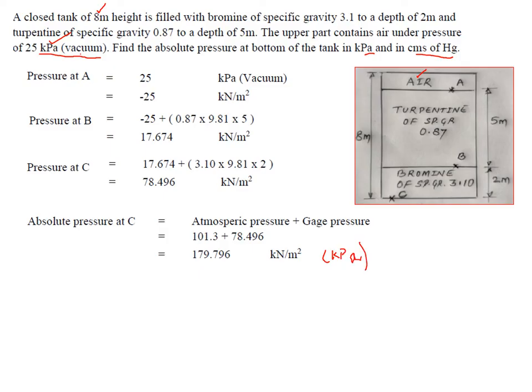Now in order to convert into centimeters of mercury, you know that P is equal to omega into H. Here H is asked, which is in centimeters. So we know the pressure is already 179.796, divided by the specific weight of mercury, which is 13.6 into 9.81. If you divide by the specific weight of mercury, then you will get meters of mercury, 1.348 meters of mercury will be the answer.